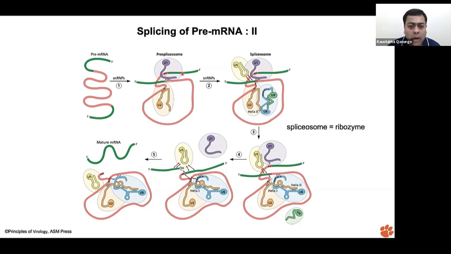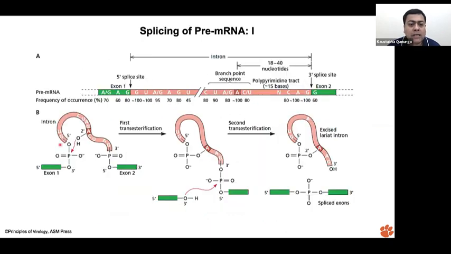So what else is from here? You can easily see that right here is the GU residue, which is important, and that is the AG residue. What these small nuclear RNAs are doing is bringing these specific residues close enough so that this transesterification can happen.